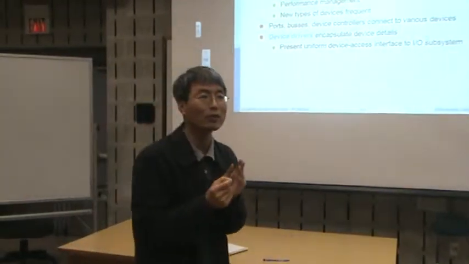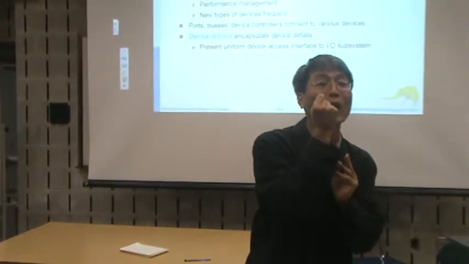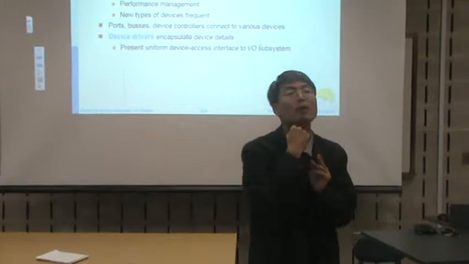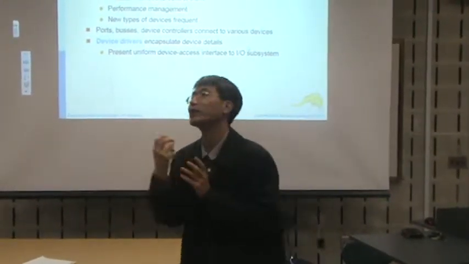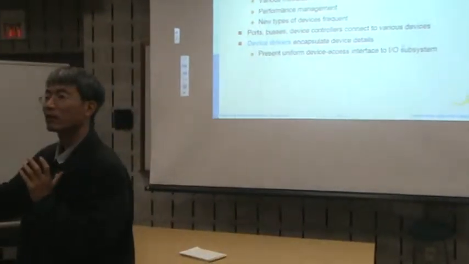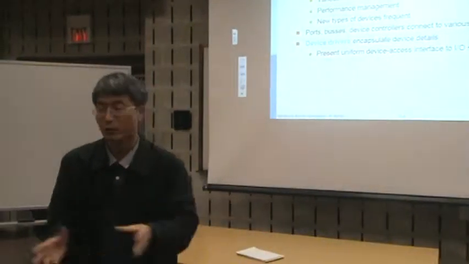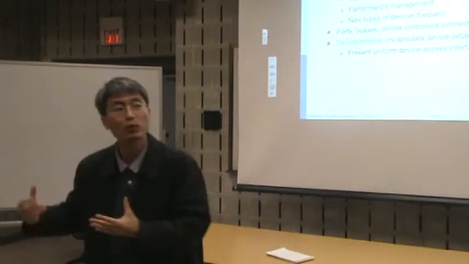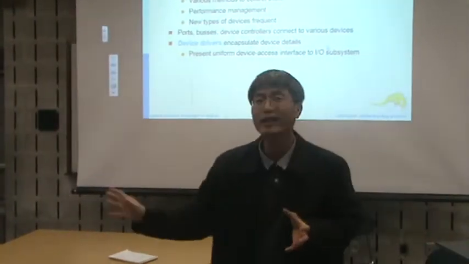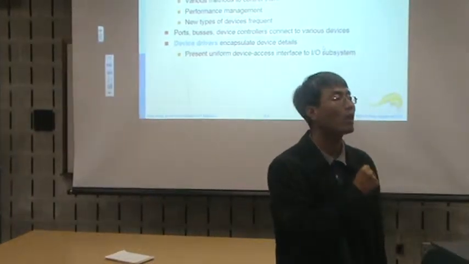A controller is a kind of small computer. It's an embedded computer that has its own programming. Sometimes it has a register, sometimes it's a processor. Then it receives the order from the CPU, then it controls the device. That is a controller. So any device should connect to a controller.